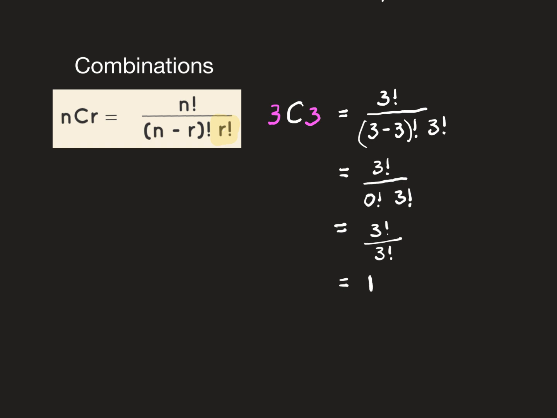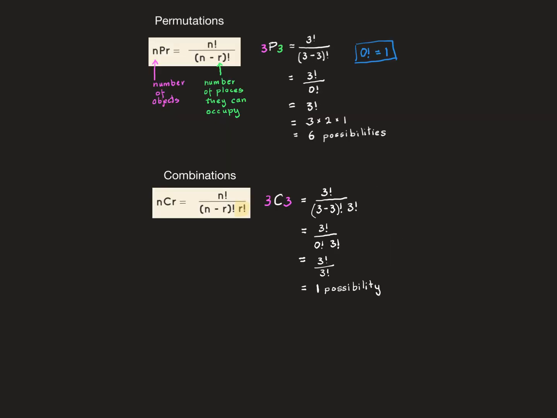And that is exactly the number of possibilities that we have. So you can see that we can use the mathematical formula, and we will get 6 possibilities for permutations and 1 possibility for combinations using those formulas.